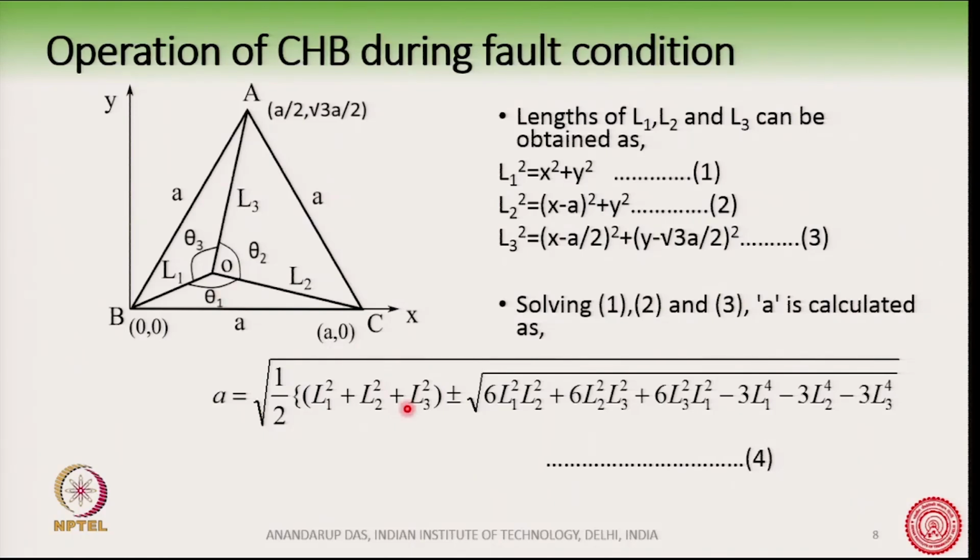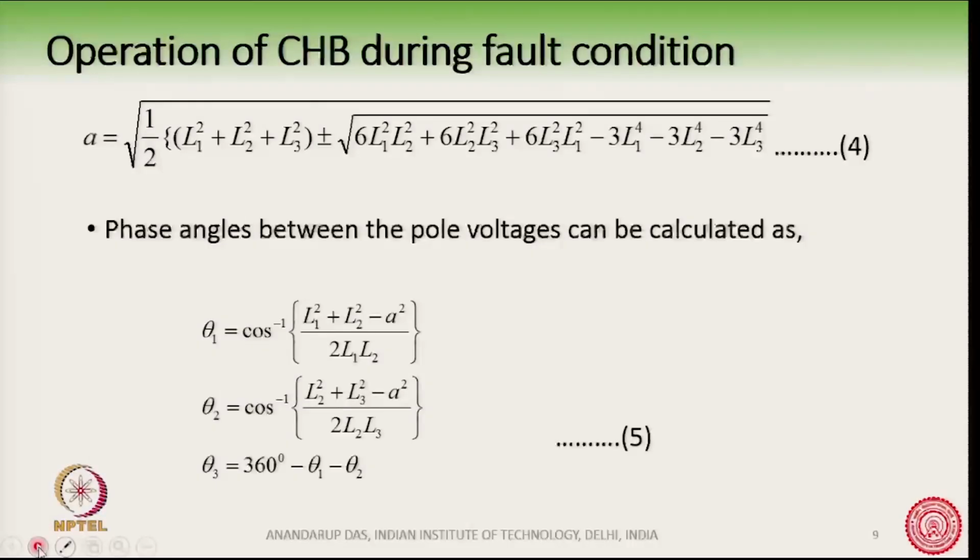So it is no longer 120 degrees, it is given by theta 1, theta 2 and theta 3, and these angles are obtained by this expression. This gives us the phase angle required between the unbalanced pole voltages.